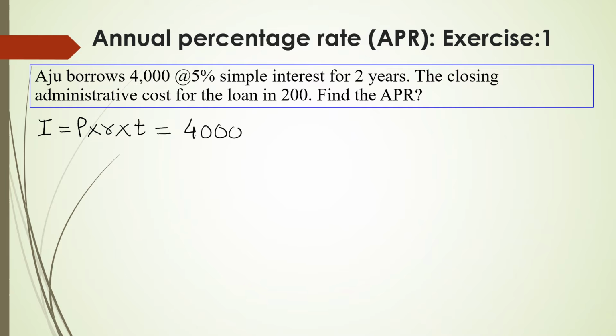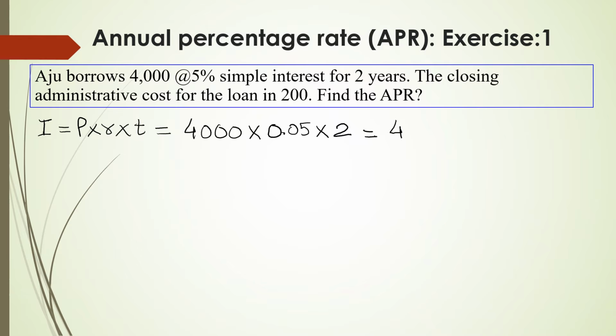What is the rate of interest? 5%. 5% means 5 per 100, so it will come to 0.05. Multiply by time period. It is for 2 years, so multiply by 2. When I take it on this calculator, 4000 multiply by 0.05 multiply by 2, we will get the answer, that is 400. So the interest which Aju is paying is 400.